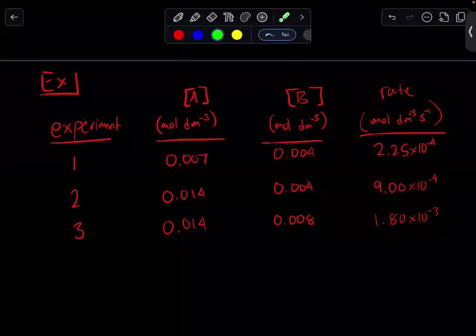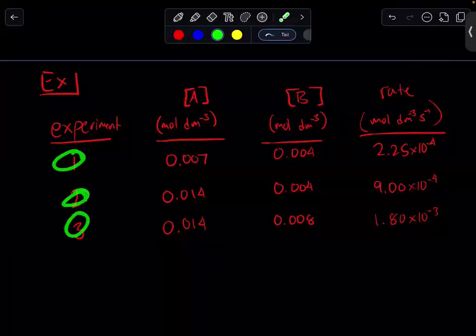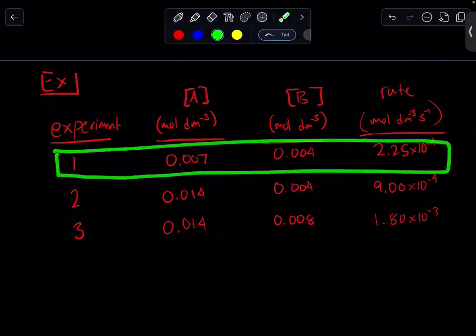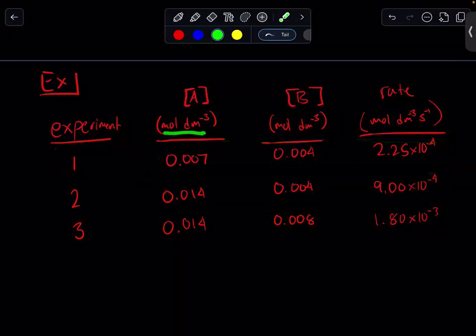We have an experiment that had 1, 2, and 3 trials. In the first experiment, we had our initial concentration 0.007 mole per decimeter cubed of A, 0.004 mole per decimeter cubed of B, with our initial rate of 2.25 times 10 to the minus fourth mole decimeter cube inverse second inverse. So moles per decimeter cubed per second.